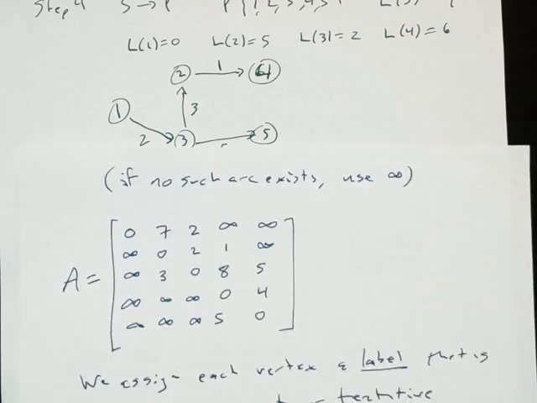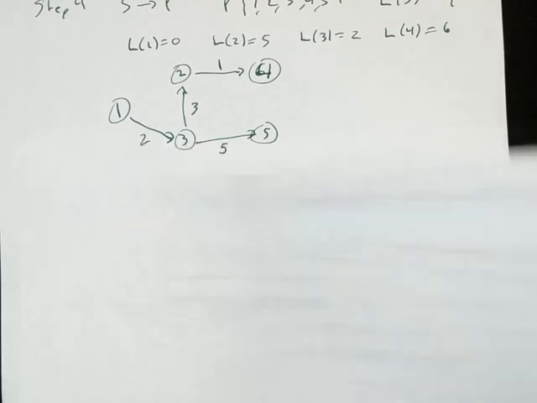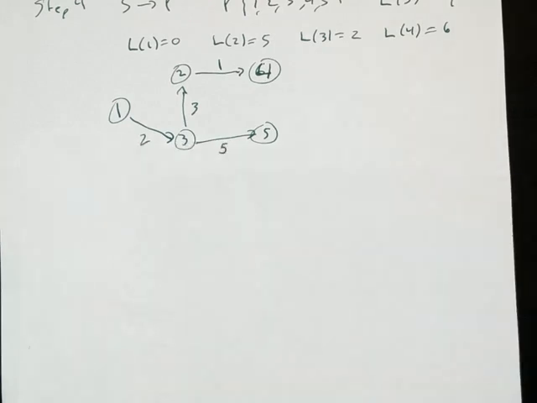Now, problem number 1 is that the Floyd-Warshall algorithm is, I believe, big O of n cubed at best. So it's a lot more work.